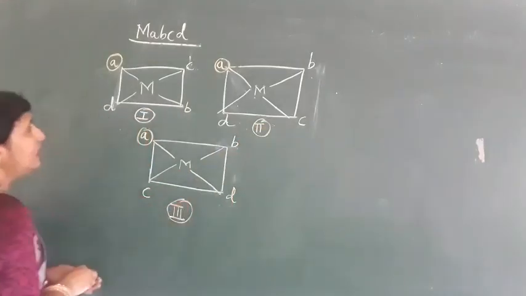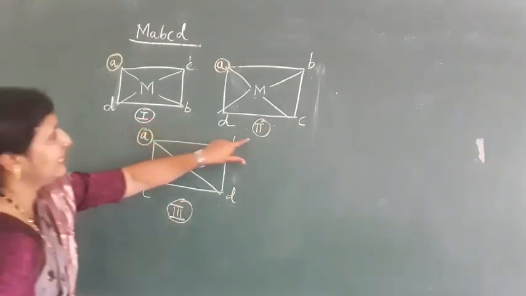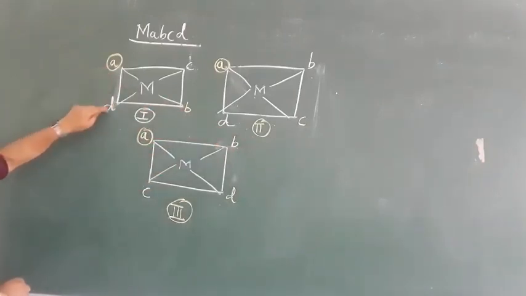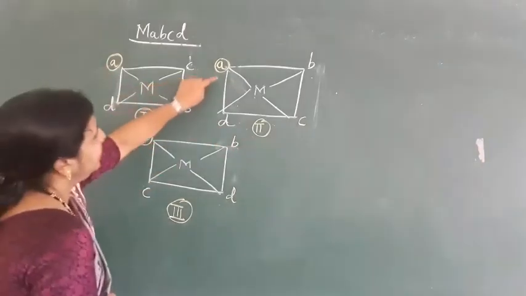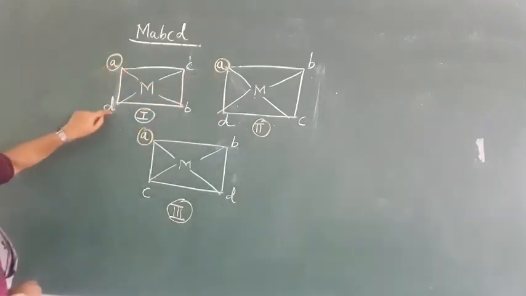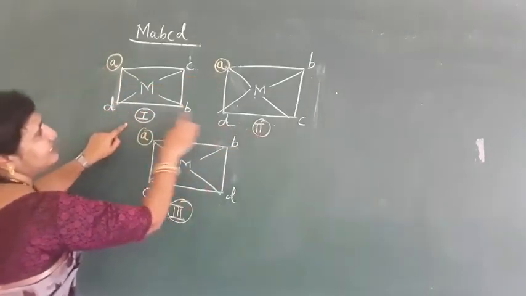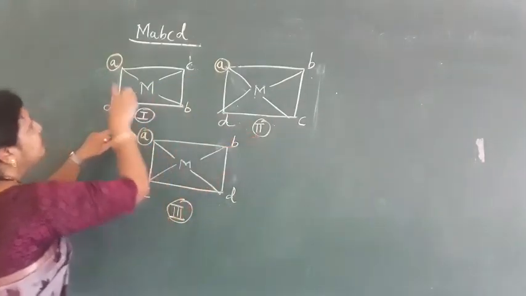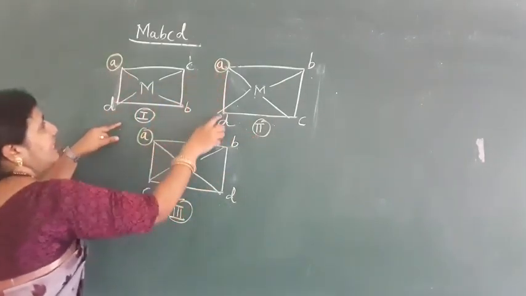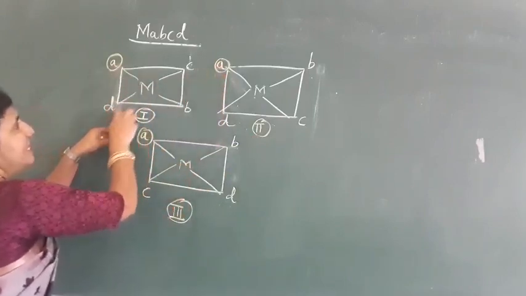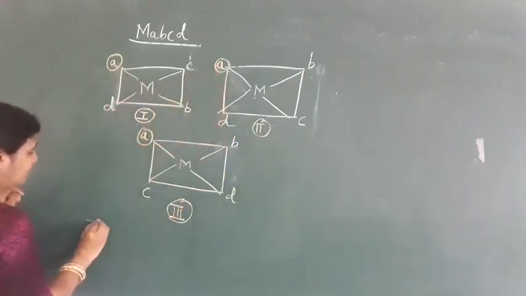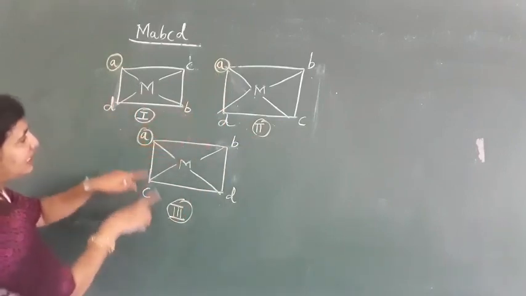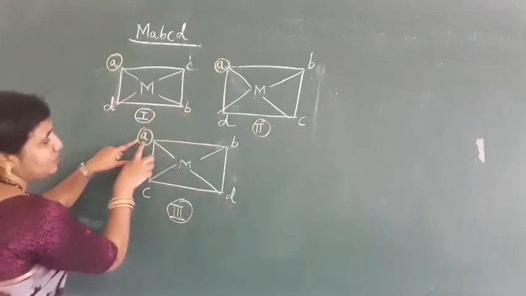If you see the first and second, with respect to AD, the first and second are cis isomers, because A and D are both in adjacent, cis positions. But in the third one, A and D are opposite to each other.